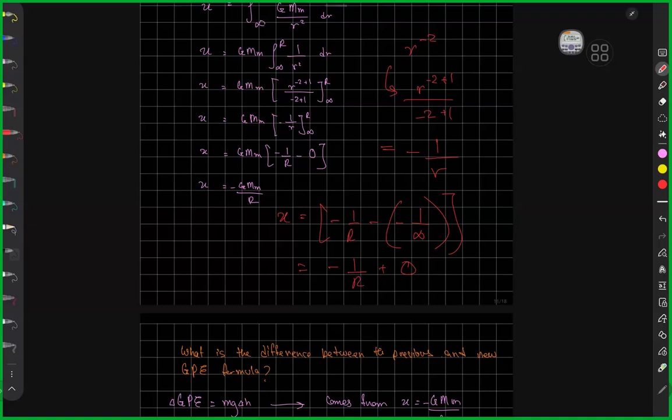Okay. So now your gravitational potential energy is simply, right? So this part inside the bracket is what? Minus 1 by r. So when you multiply again, what do you get? That the gravitational potential energy is minus GMm by r.